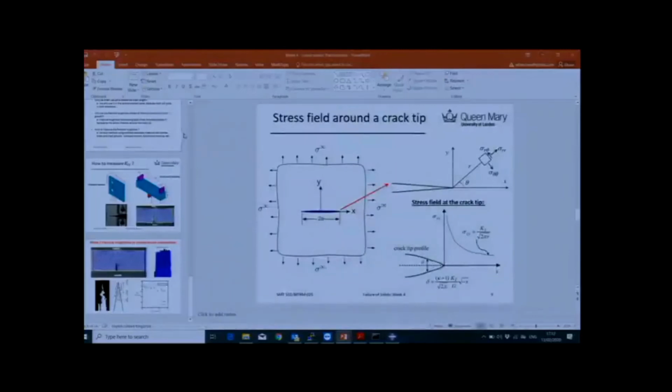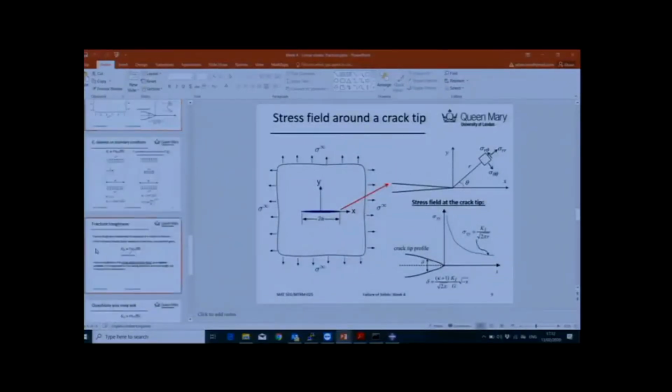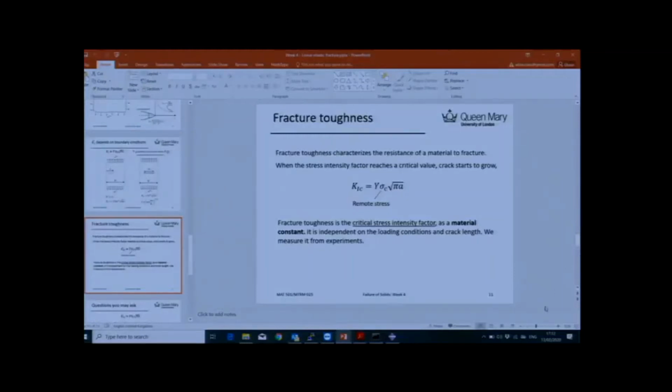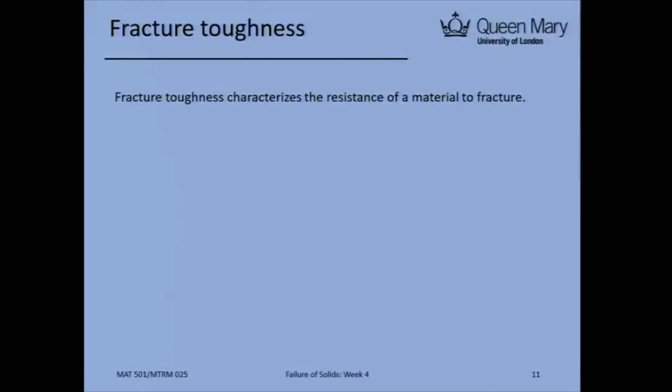Okay, let's go back to the fracture toughness part. Before, we were talking about the stress intensity factor, but now I give you another value called fracture toughness. What's the relation between them? Fracture toughness is a critical value of the stress intensity factor.